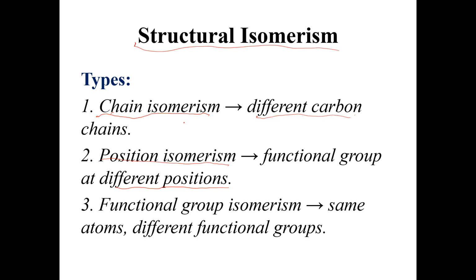Then we have functional group isomerism, from the words functional group. This one, they have the same atoms but different functional groups. Maybe you find that it has carbon, hydrogen, and oxygen.